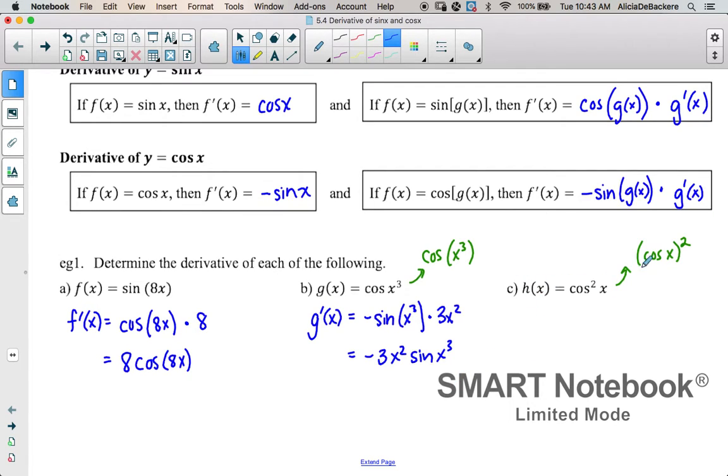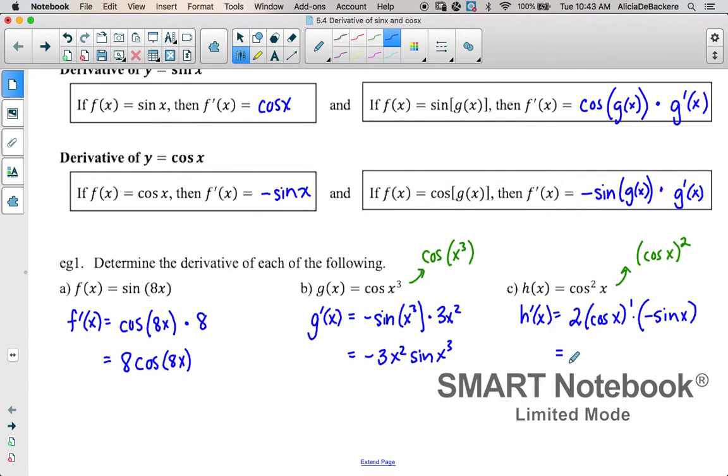All right, taking a look at our next one, this time the outer function is actually the squaring. It's on the outside, and the inner function is the cos. So this is, again, chain rule, taking the derivative of the outer function, I bring the 2 down, leave the inner function in there, and subtract 1 from the exponent. So now I've taken the derivative of the outer function. Now I'll multiply by the derivative of the inner function.